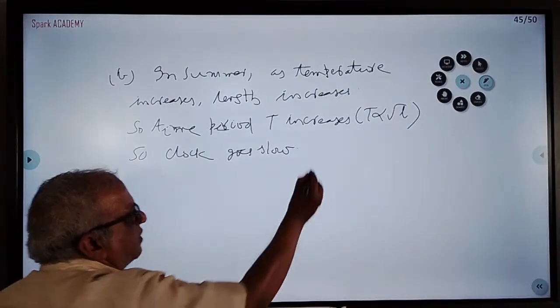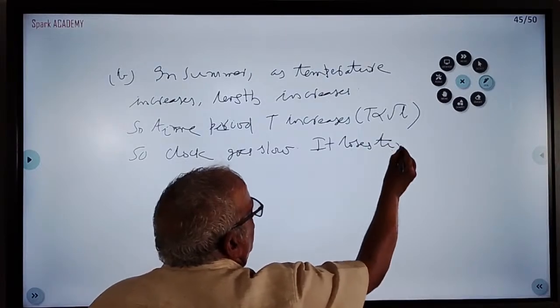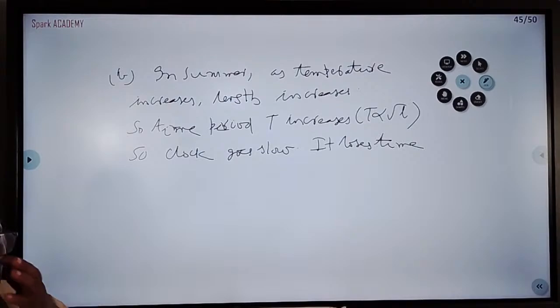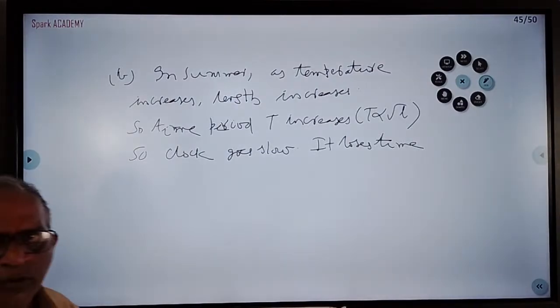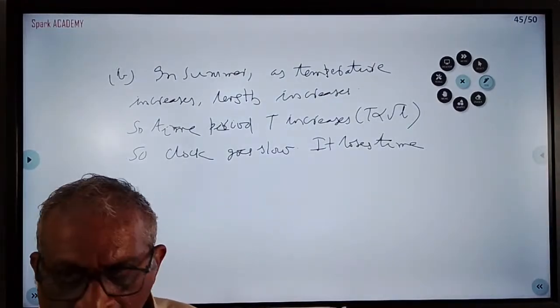It loses time in summer. So the pendulum clock goes fast in winter and slow in summer. This is a very, very important question. I think you understood. Mainly you have to tell T is proportional to root L.